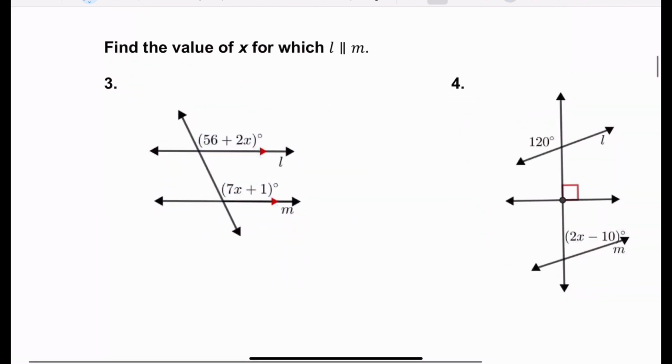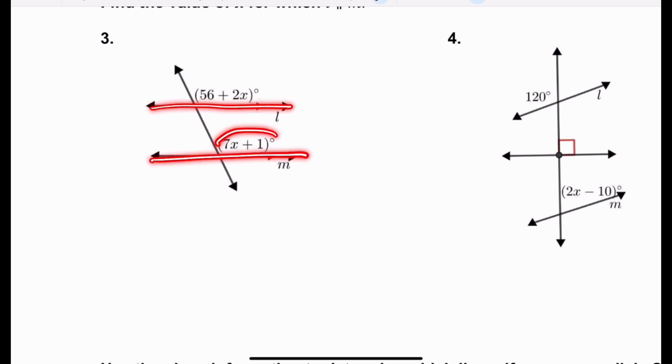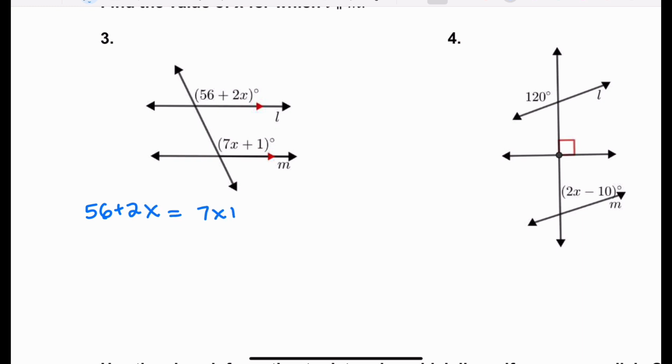Now we're going to find the value of x for which L is parallel to M. Since these lines are parallel, the corresponding angles have to be congruent, so they will be equal to each other. The measure of 56 plus 2x has to be equal to 7x plus 1.